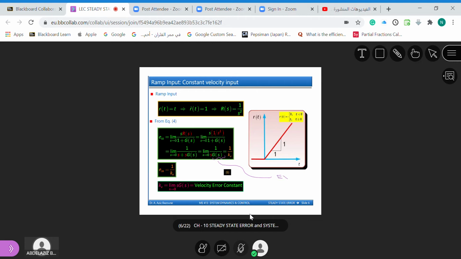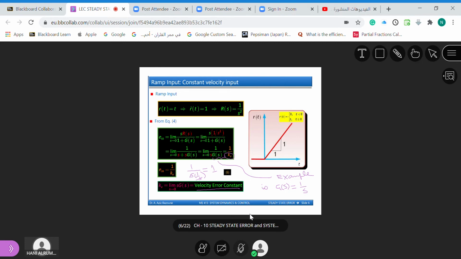Just an example: if G(s) is equal to 1 over s, then it's 1 over s times s, and this will be equal to 1. So yes, KV here will be equal to 1. We did not make anything; we just leave it as sG(s), and we call it KV, the limit of sG(s), called the velocity error constant. Yes, now clear, thank you.